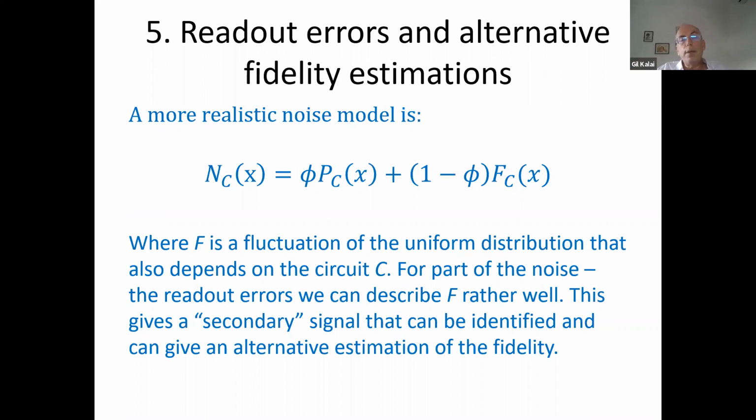And what we point out is that there is a secondary signal which also depends on the circuit, and this signal depends on the types of errors we can study.